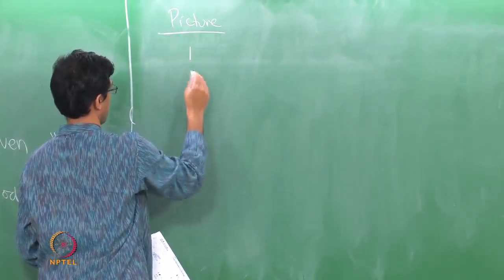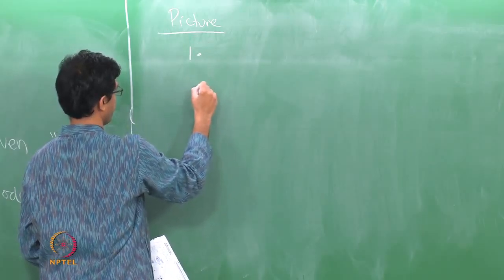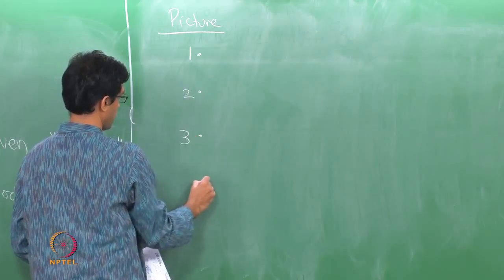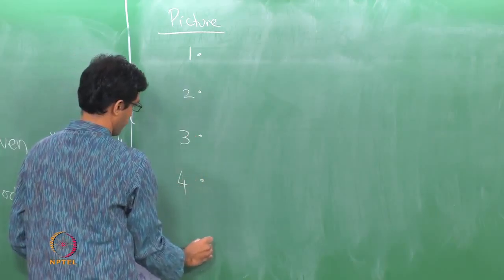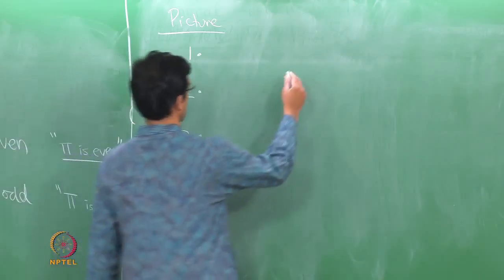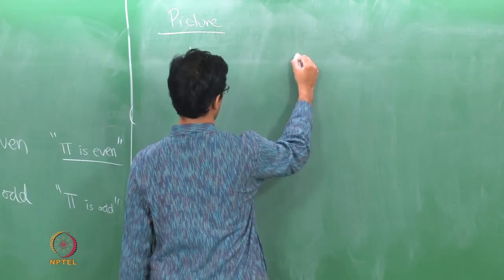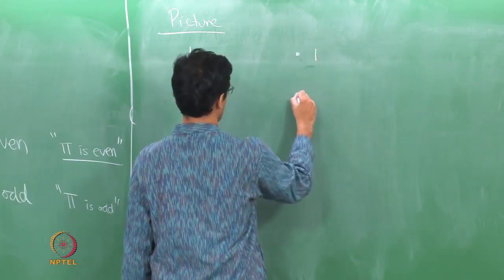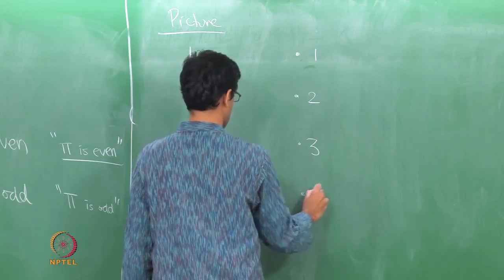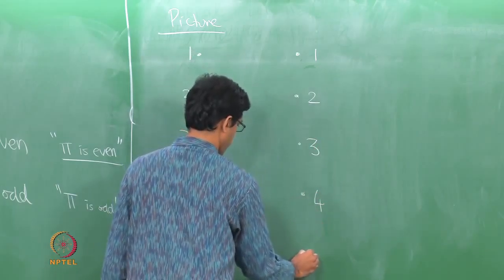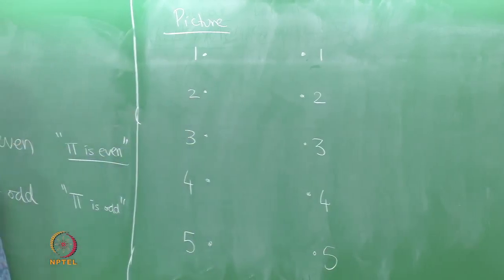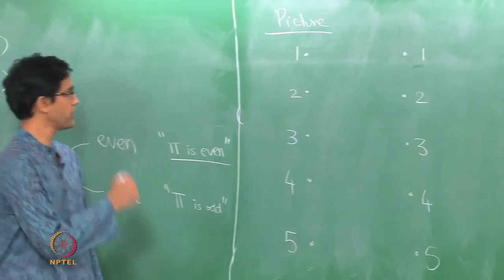I have the numbers 1, 2, 3, 4 and 5, drawn reasonably equally spaced, and on the other side the same numbers again, 1, 2, 3, 4, 5. Okay, so I am going to draw the function diagram. What does pi do to each number?